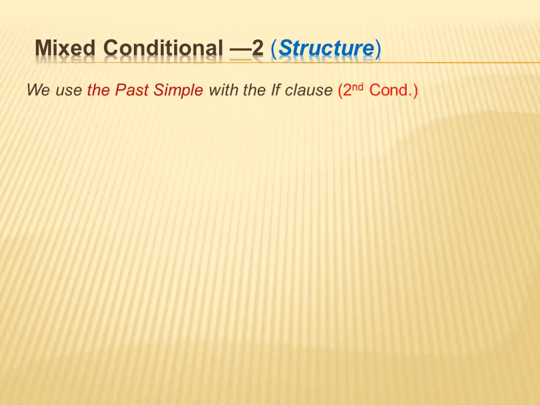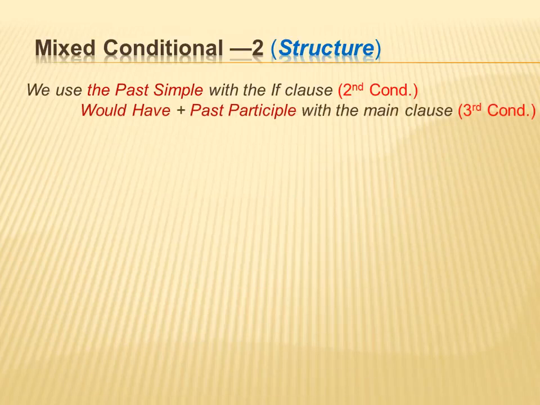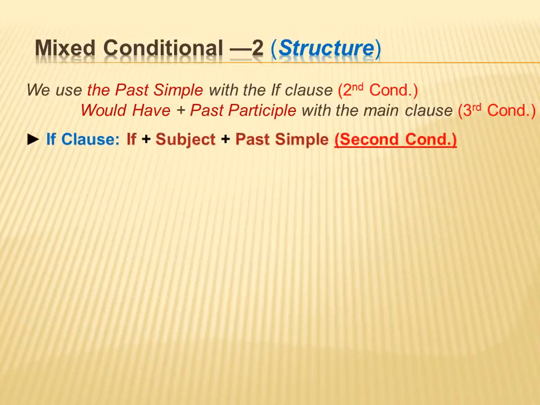Now we are going to study about the mixed conditional two. We use past simple with the if clause in second conditional, and we have to use would have plus past participle with the main clause in third conditional.